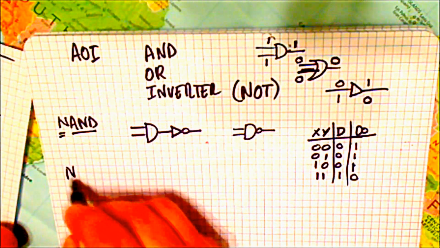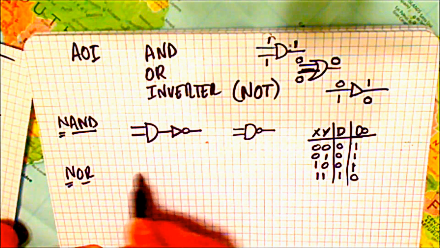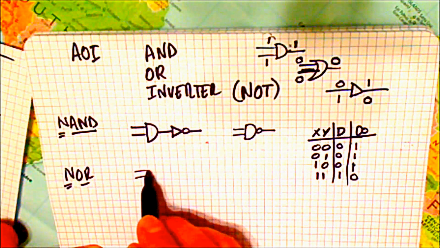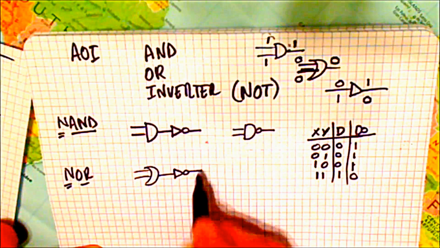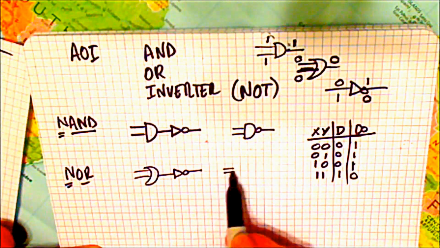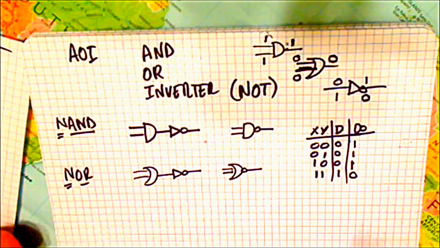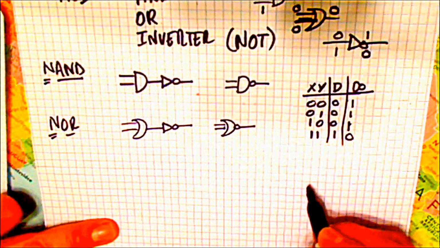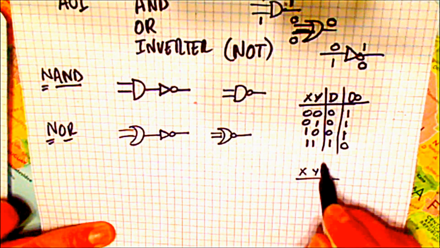The NOR gate, again, as the name implies, is an OR followed by a NOT. So we have our OR gate here, followed by the inverter, and again, the shortcut for it is simply a bubble. And if we were to look at the truth table for this, it would look something like this.